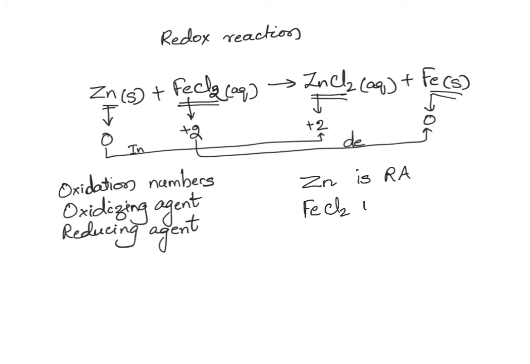Iron 2 chloride is the oxidizing agent because iron 2 chloride is oxidizing zinc and zinc is reducing iron 2 chloride to iron metal.